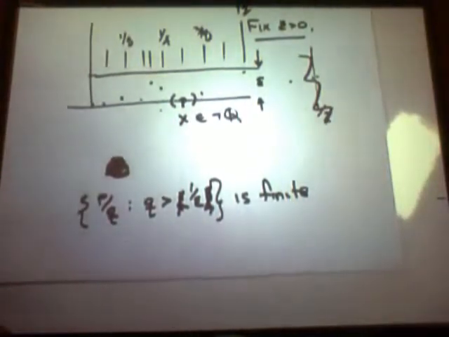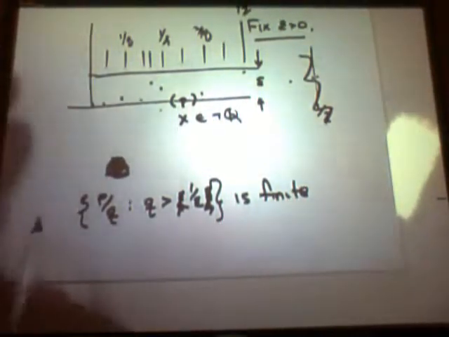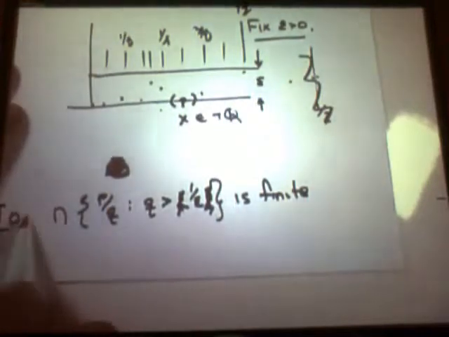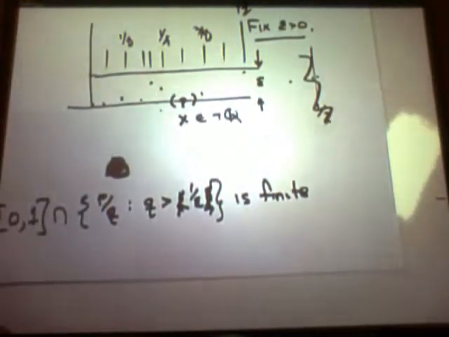So it's true that 1 over q is less than epsilon. Well, p can be anything. That's a finite set, right? At least in [0, 1]. It's not a finite set unless I intersect it with something like [0, 1]. Okay. There's only finitely many of those things.